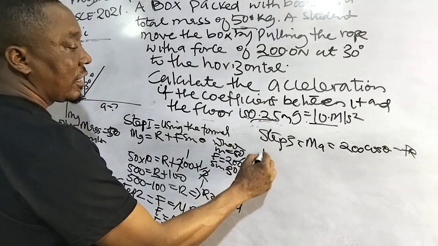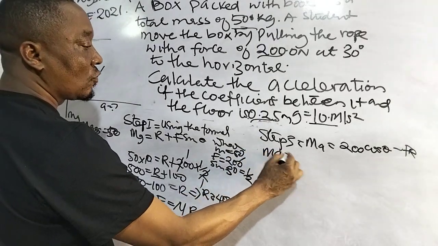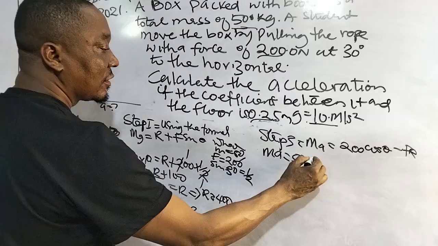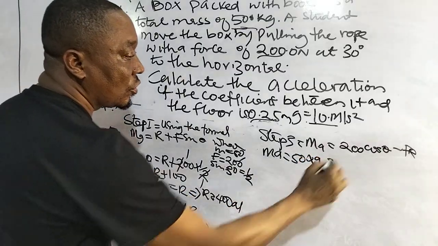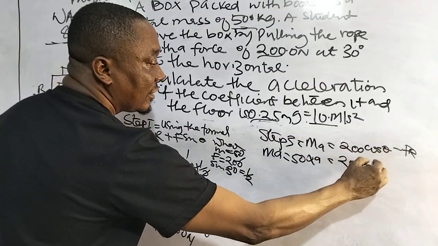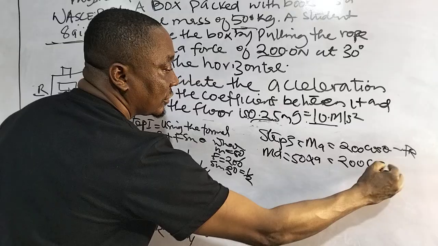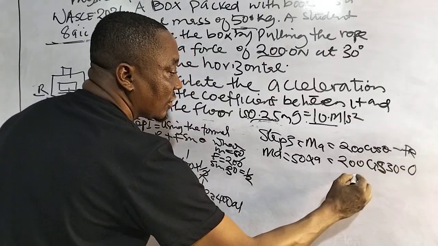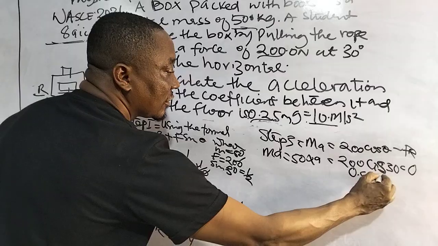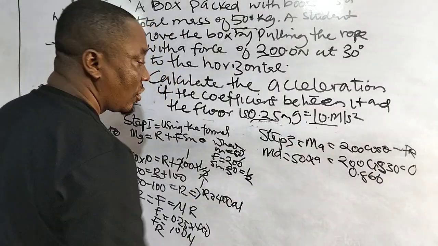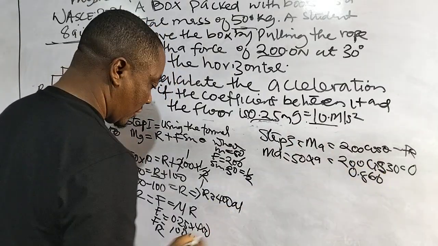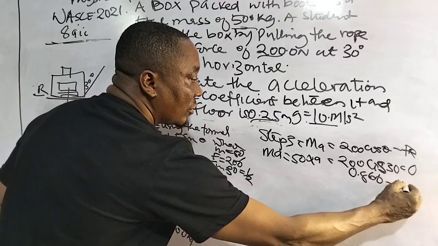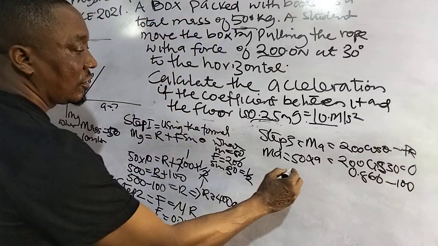So this becomes ma, which is 50 times a, equals 200 cos 30. Cos 30 is 0.866, minus 100, which is the friction here.